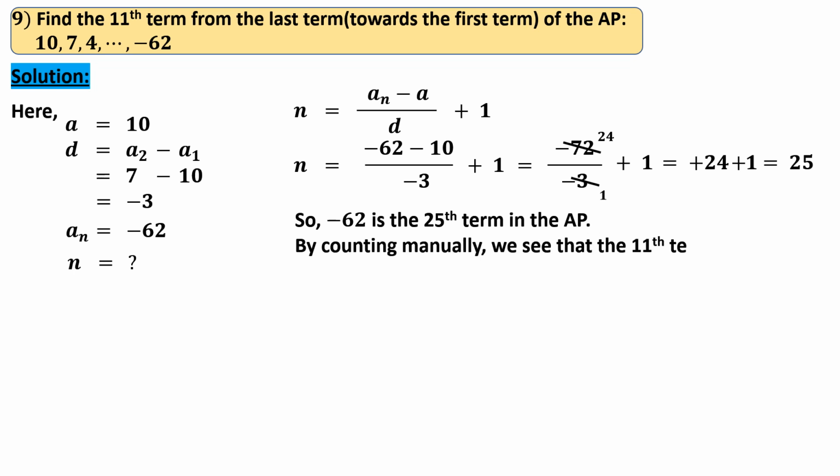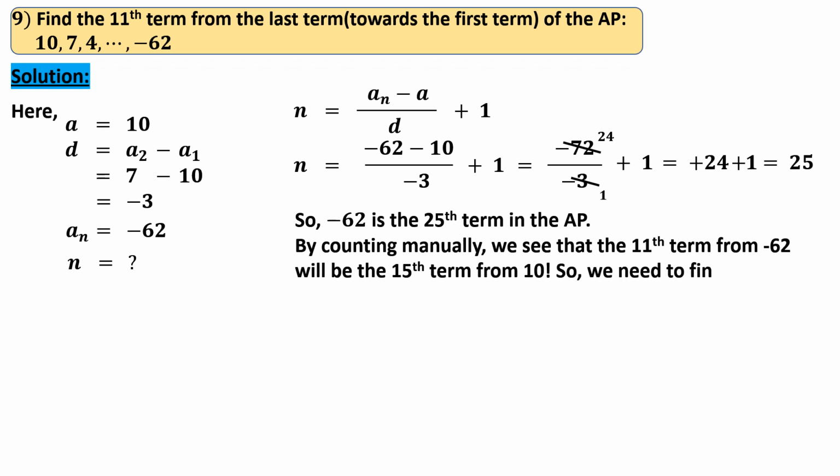By counting backward, we see that the 11th term from minus 62 will be the 15th term from 10. So we need to find A15. A15 equals what? Use this formula: AN equals A plus (N minus 1) into D.